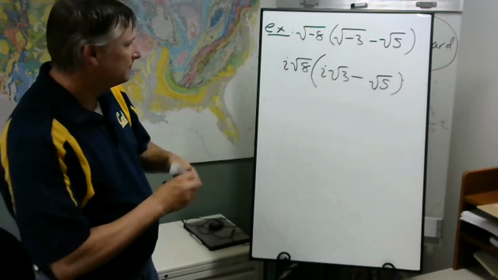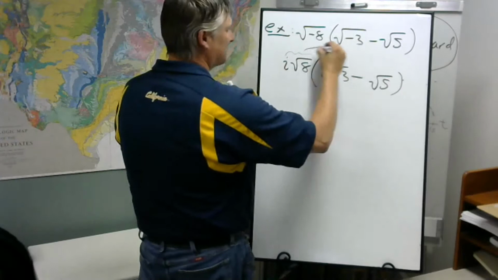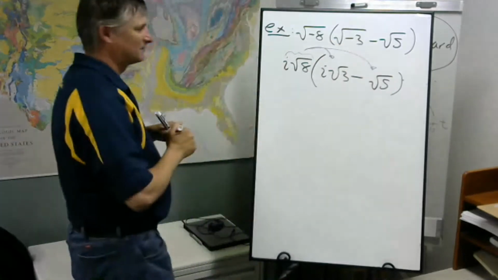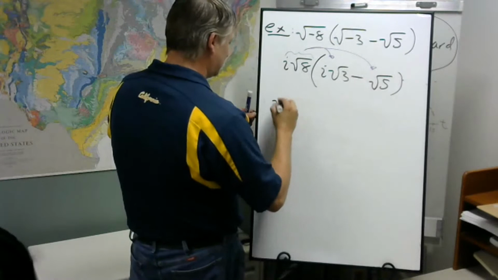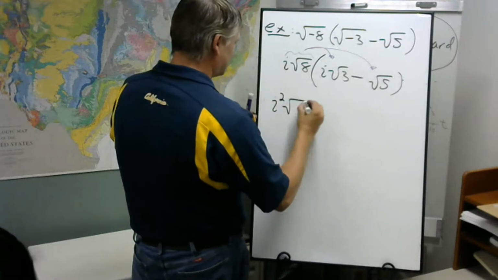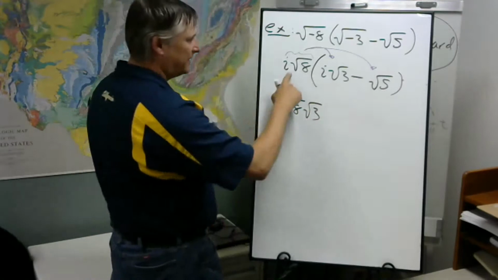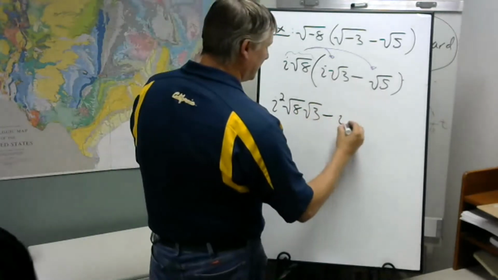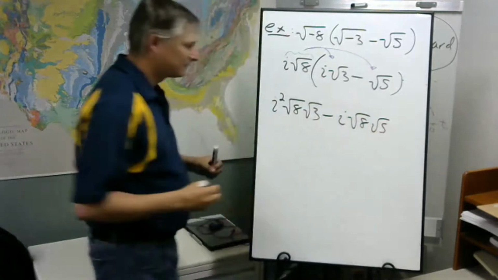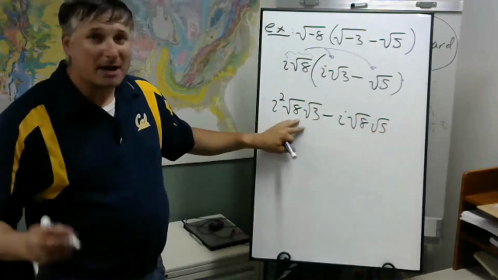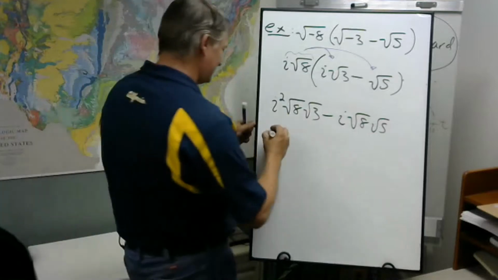So now we distribute. The i in the square root 8 will be distributed. So when these two multiply, we'll get i squared, square root 8, square root 3. When these are combined, we get minus i square root 8, square root 5. And now when we have positive numbers in the square roots, it's okay to combine them.